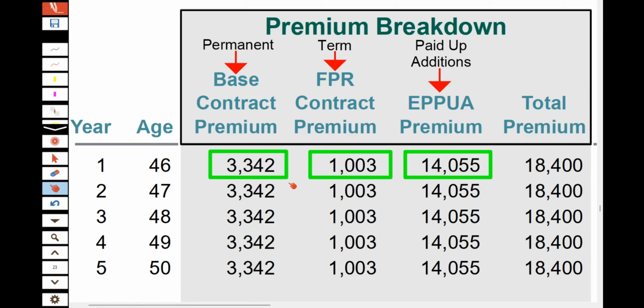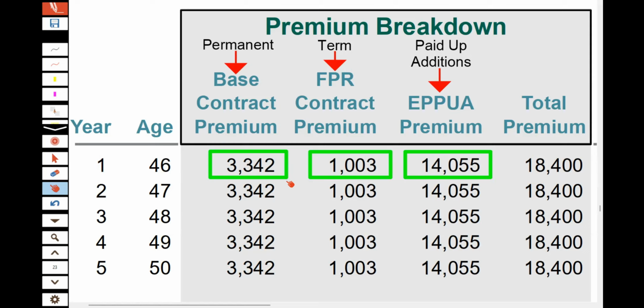From a percentage standpoint, okay, let's say your total premium was $10,000, right? Your base contract premium, in most cases, is going to be between 15 and 40% of the total premium.